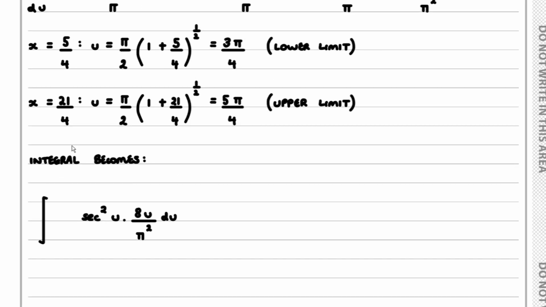And we know what our lower and upper limits are: 3 pi over 4 for the lower limit and 5 pi over 4 for the upper limit. And so we can rewrite this as 8 over pi squared times the integral of u sec squared u du, which we want to evaluate between 3 pi over 4 and 5 pi over 4.